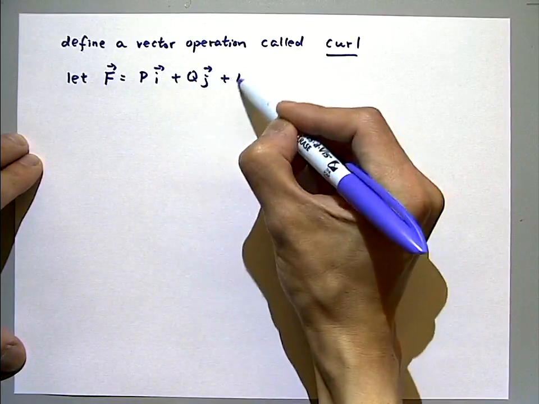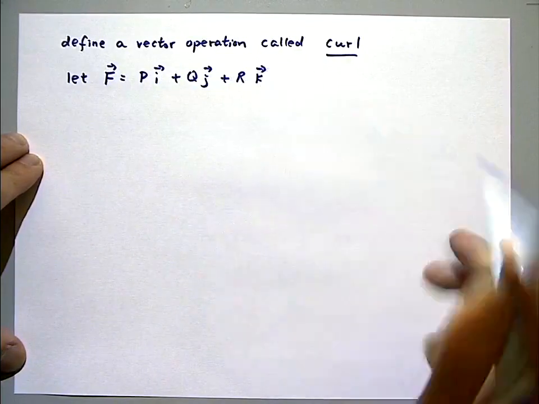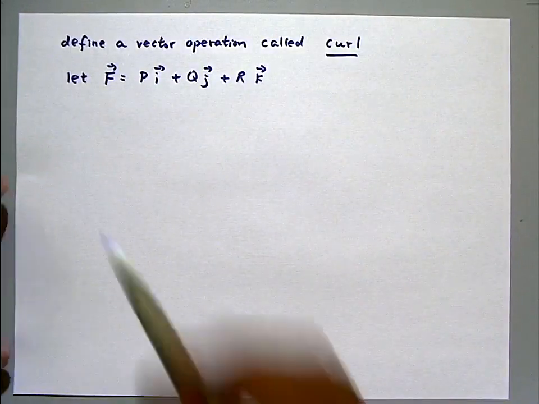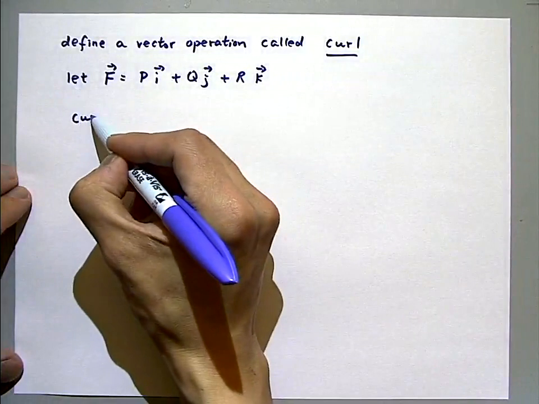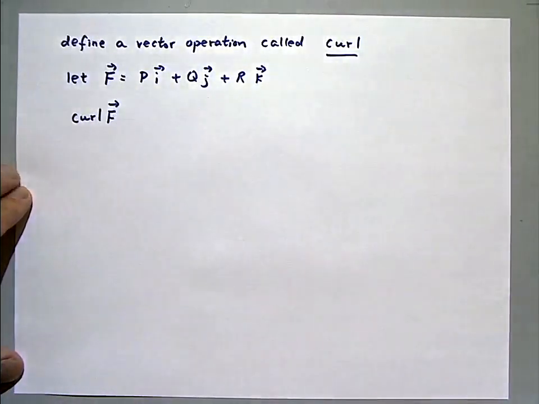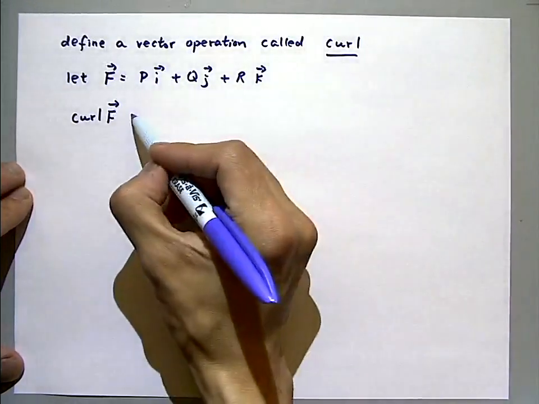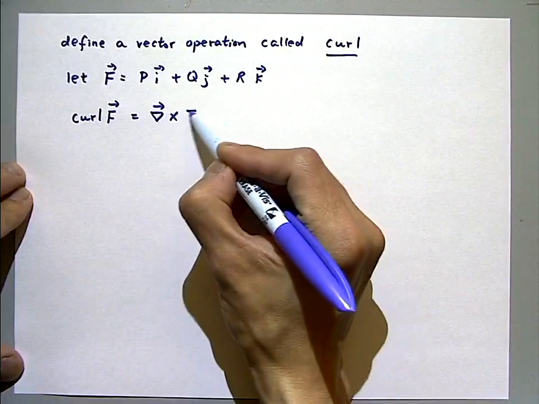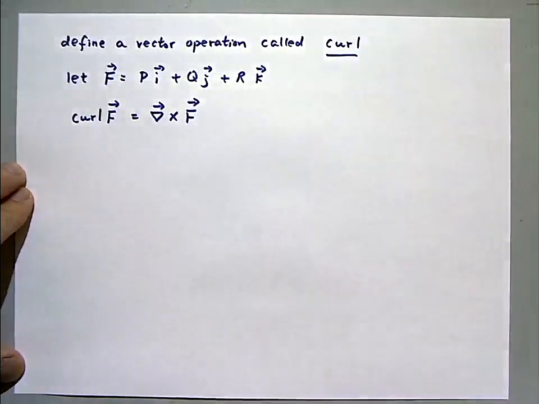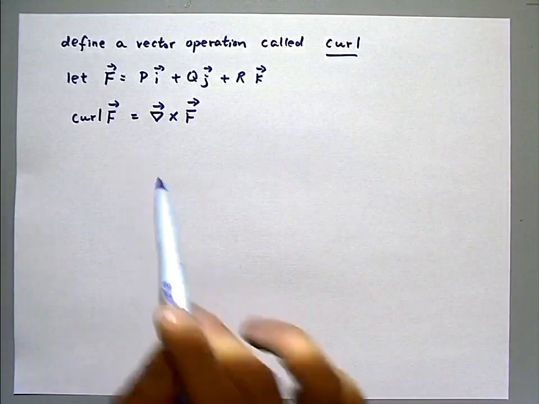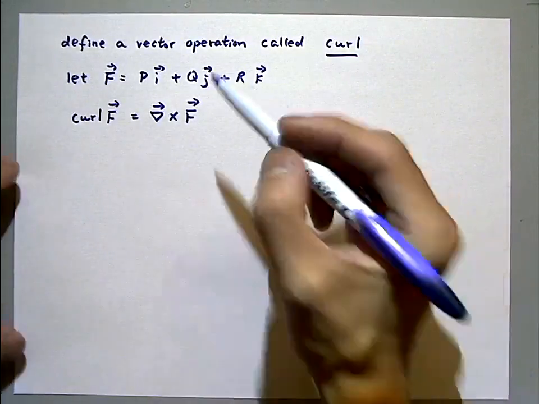Suppose we have a three-dimensional vector field, F = Pi + Qj + Rk. The curl of a vector field is defined as the del operator crossed with the vector field F. Del cross F gives you what's called curl.